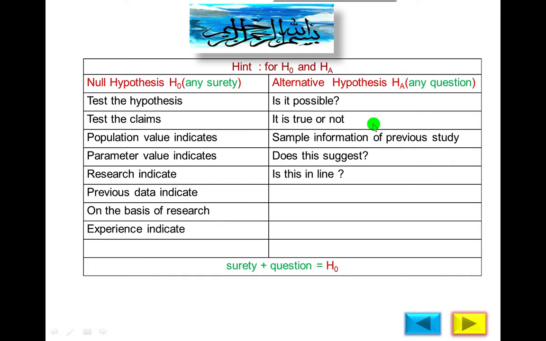In the previous two questions, question number 1 and 2, in both questions, the null hypothesis is given, alternate is not given. So in any question, the null hypothesis may be known or given, alternate unknown.